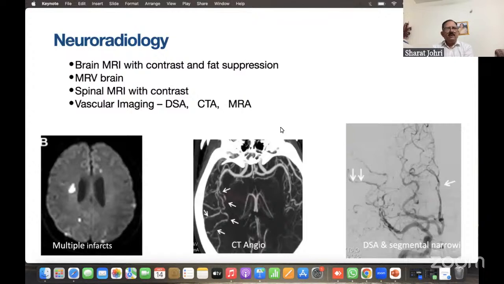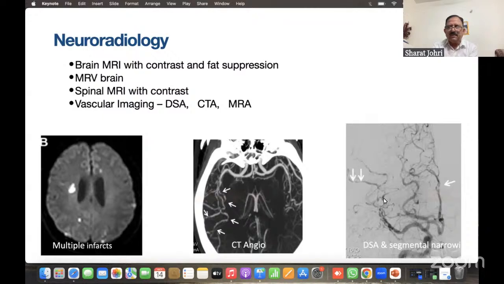So in neuroradiology, which is the most important non-invasive investigation, in any patient who presents with neurological deficits, we find multiple infarcts or some non-specific findings. But we find that there is focal narrowing in these vessels, which can be seen on CT angio.